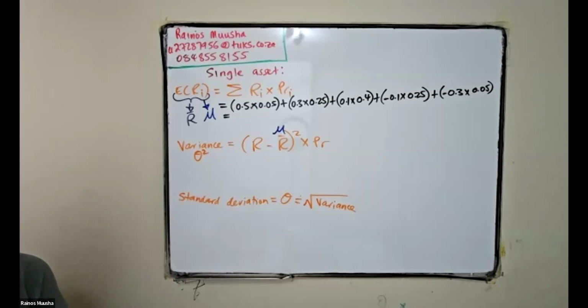How much do you get as the expected return?